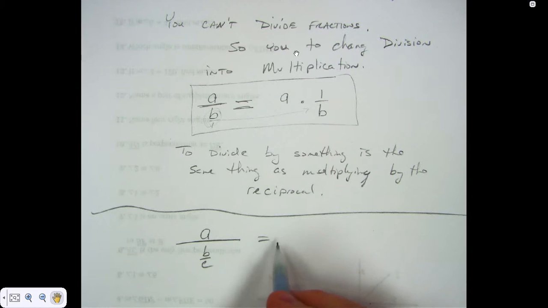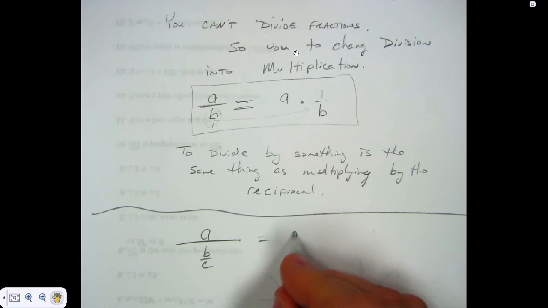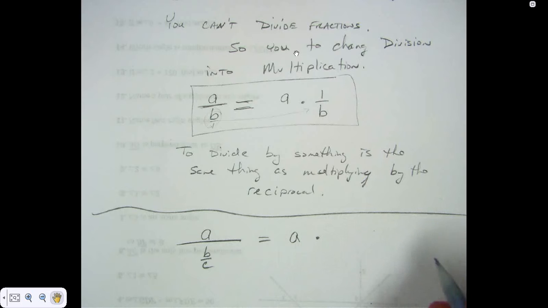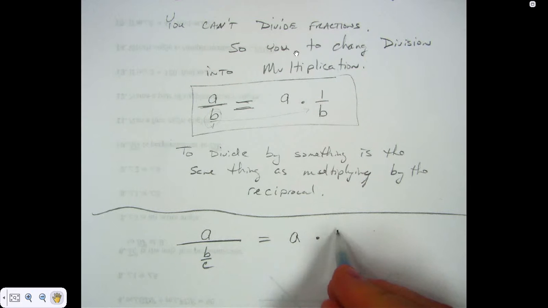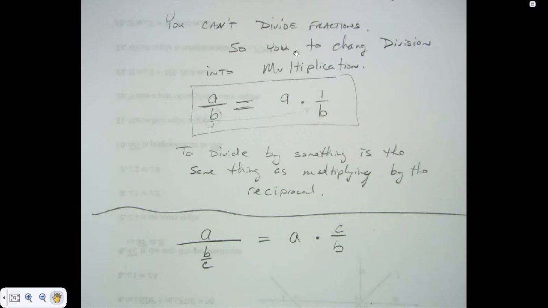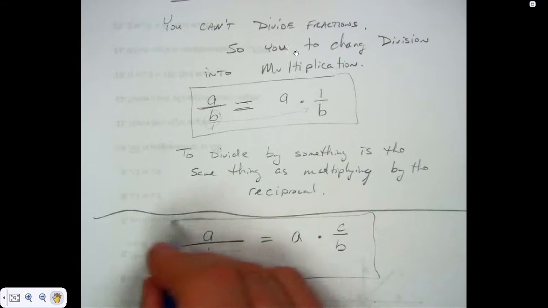What'd you guys put here? What am I dividing by here? B over C is the same thing as multiplying by its what? Reciprocal. That's what this whole section is about.